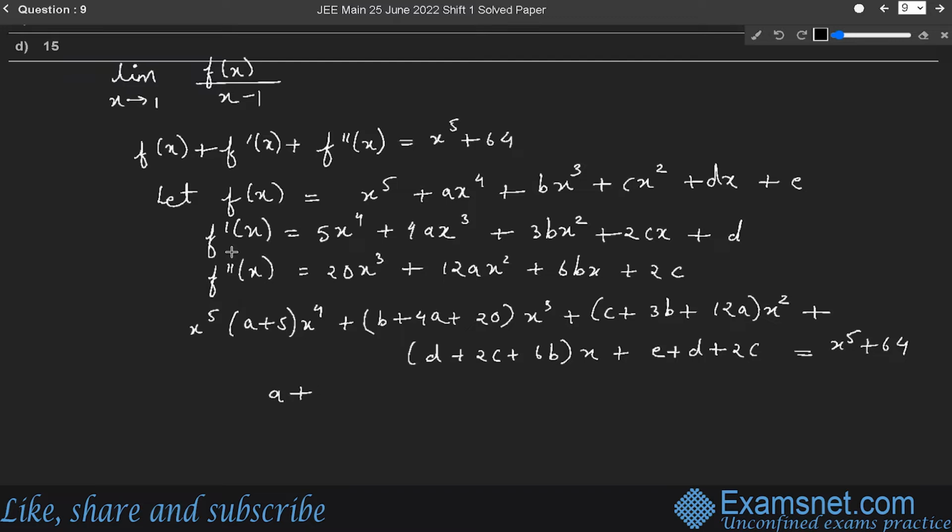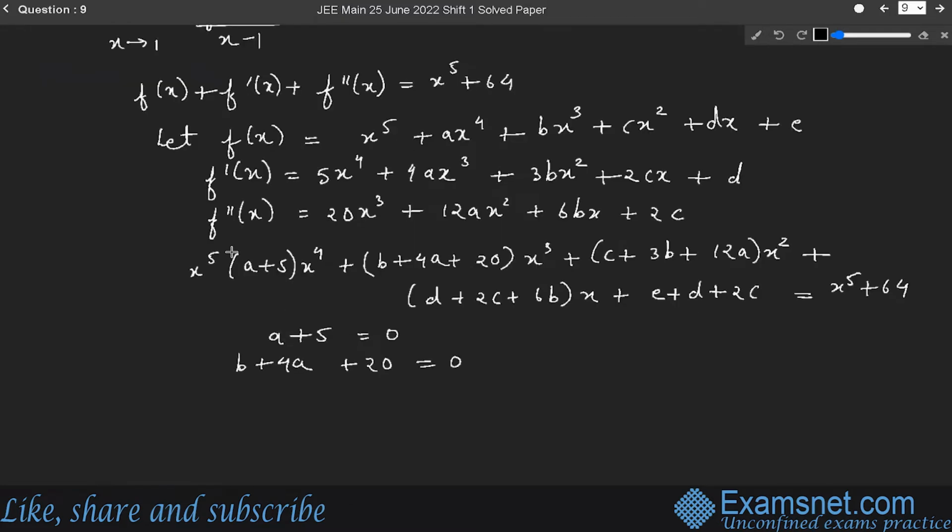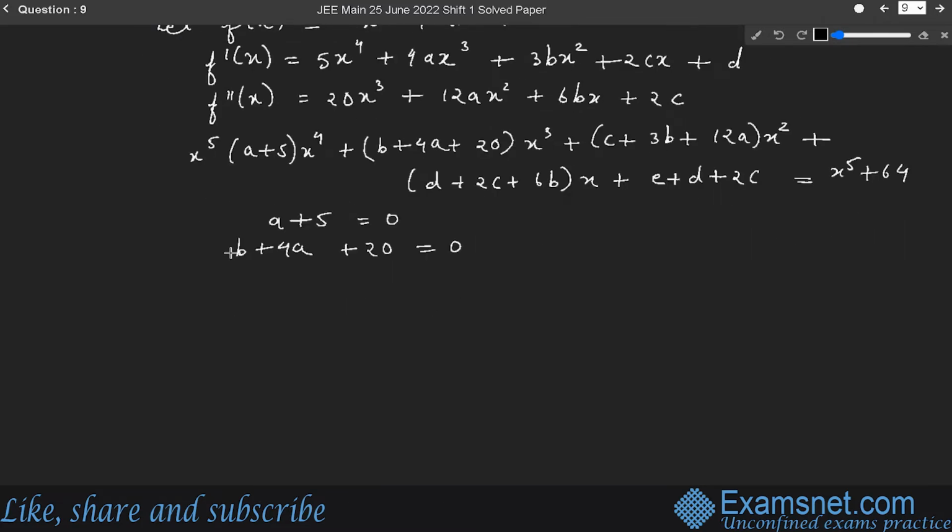So we can say that a plus 5 is equal to 0, b plus 4a plus 20 is equal to 0. We are comparing the coefficients of x power 5, x power 4, x power 3 and so on. So similarly, c plus 3b plus 12a is equal to 0.